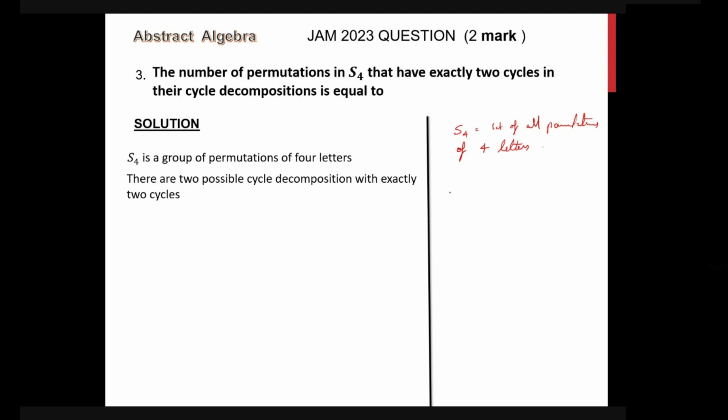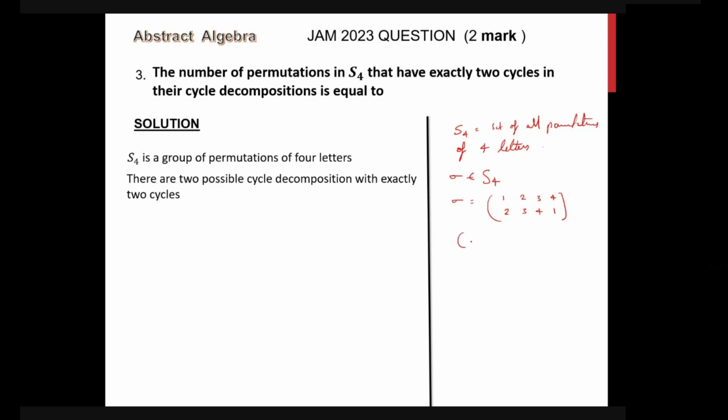That means any permutation. For example, if I'm taking sigma belongs to S4, it's a permutation that can be written as 1, 2, 3, 4. An example is 2, 3, 4, 1. So this is a permutation, and it can be written in the cycle format.